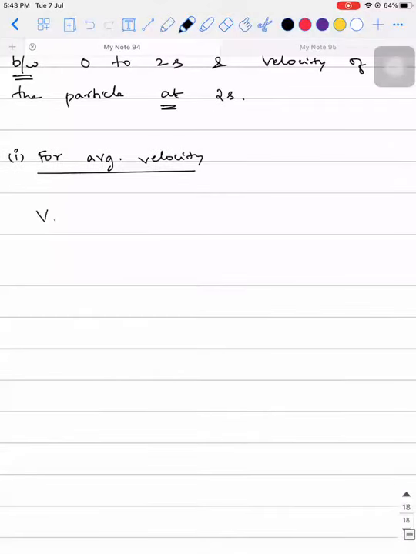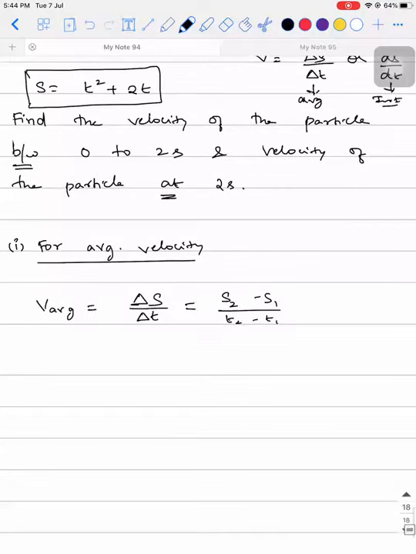For average velocity, V average is equal to delta S by delta T. So delta S means S2 minus S1 divided by T2 minus T1. Here, what is the time interval that is given? 0 seconds to 2 seconds.